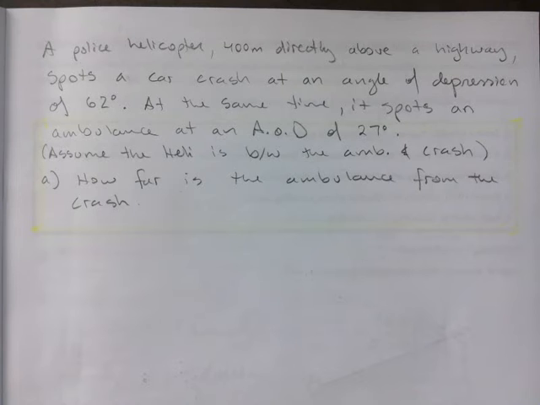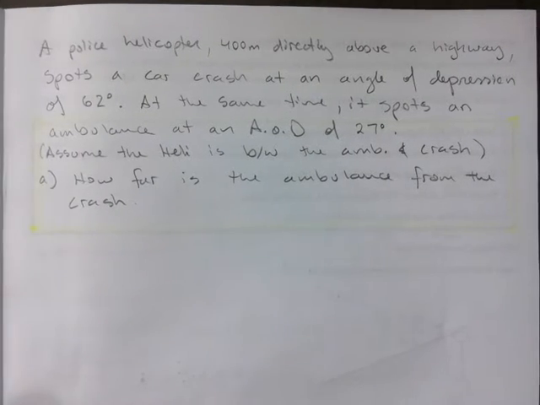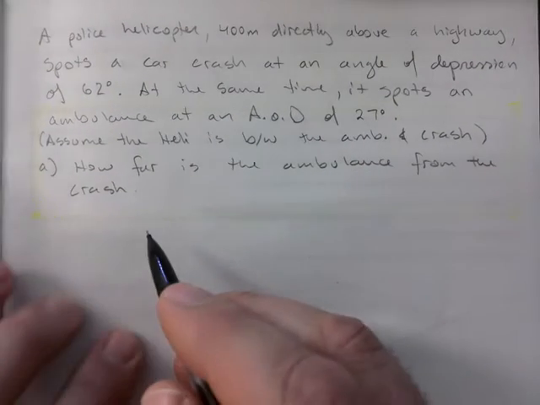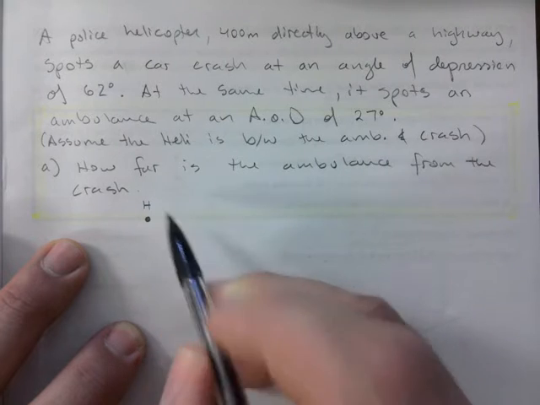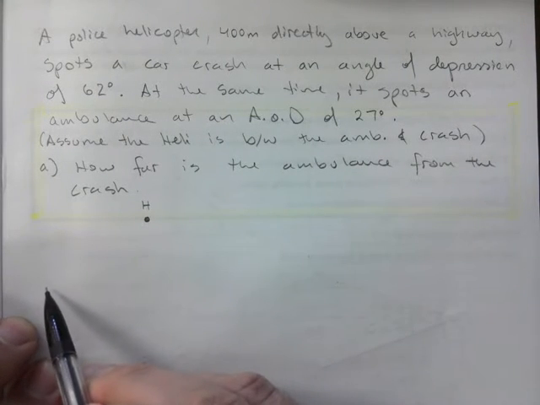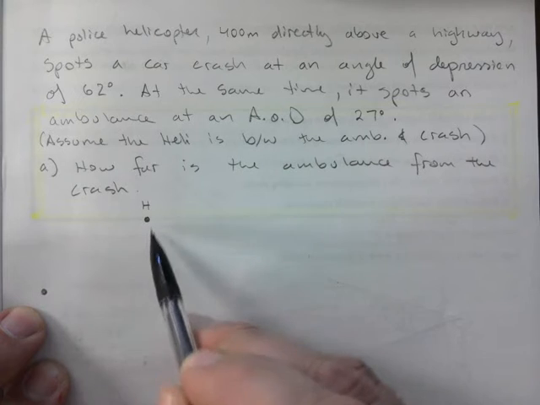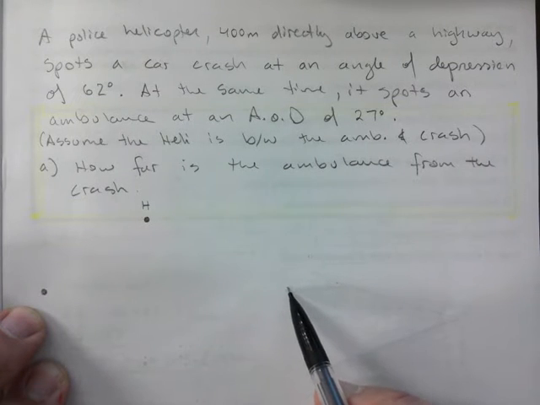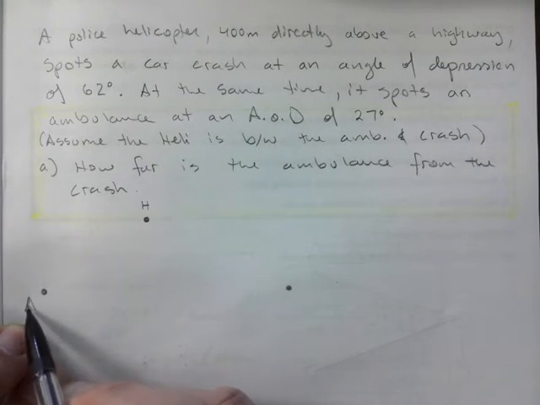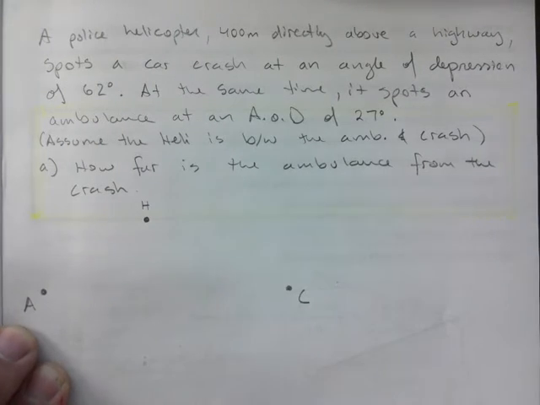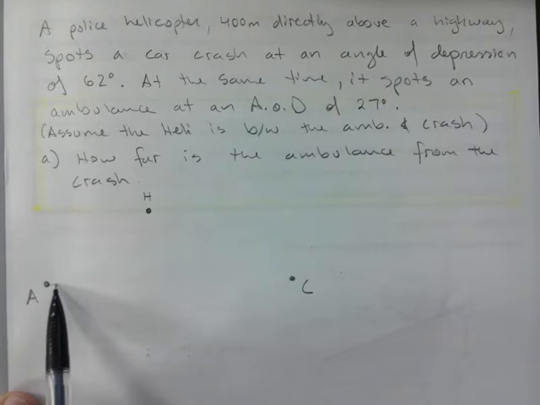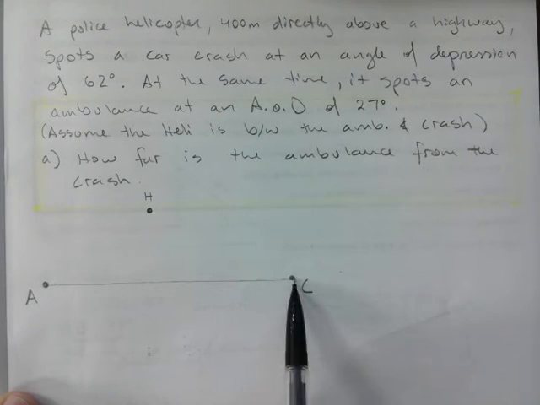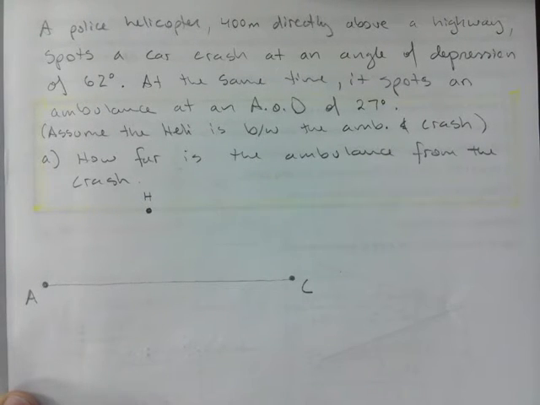And I was going to ask you to sketch this, but time is running out. So let's try it. Okay, so we've got our helicopter somewhere up here, spotting an ambulance, and at the same time spotting a car crash. So I'm going to call this ambulance and crash. And we're obviously assuming that the ambulance and the car crash are on level ground.